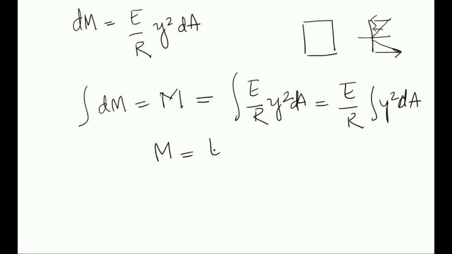M equals E by R times the moment of inertia about the neutral axis, right?